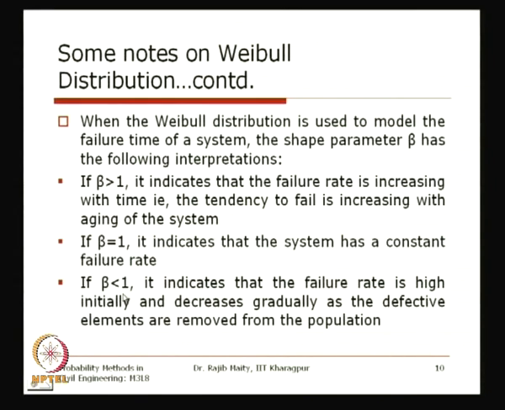So at birth itself, the mortality rate is higher compared to when the age of the child increases. Similarly, in an application of civil engineering, when we are producing some kind of product and marketing it, there may be defective elements in the population.